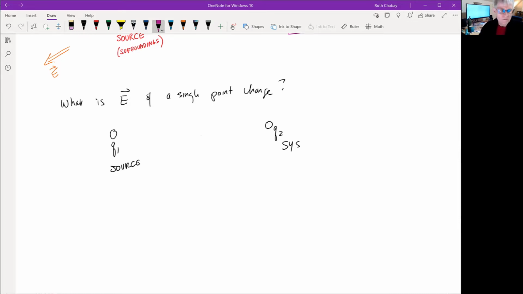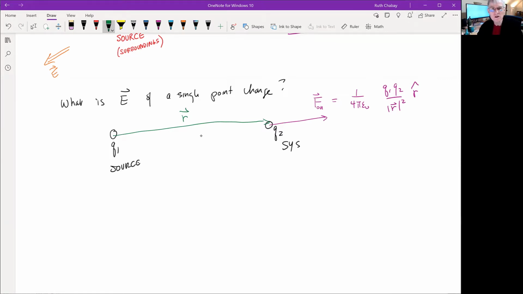And from what we know about electric forces, the force on 2 is going to be equal to 1/4πε₀ Q₁Q₂ over the magnitude of the vector r squared, times r hat, where the vector r, and this is something you really, really, really have to get straight, goes from the source charge to the system that's being affected.